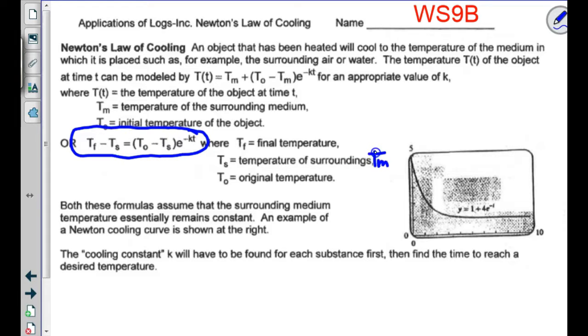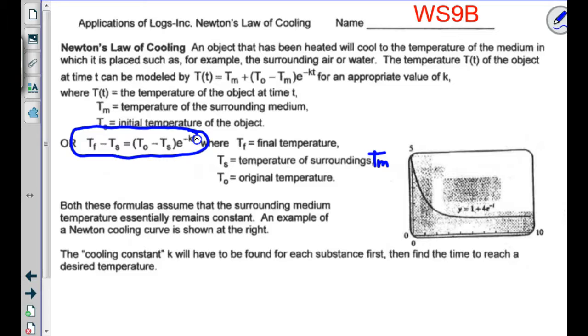It's T sub M or T sub S, the surroundings or the medium in which it's placed. T sub 0 is the original temperature. K is the constant for whatever substance we're talking about. And t is time.